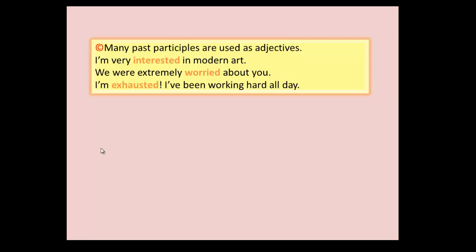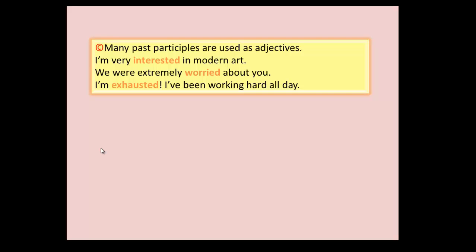Number 2, we were extremely worried about you. Here, worried also is an adjective. It is not a verb in the past participle form. The third sentence: I am exhausted. I am tired.